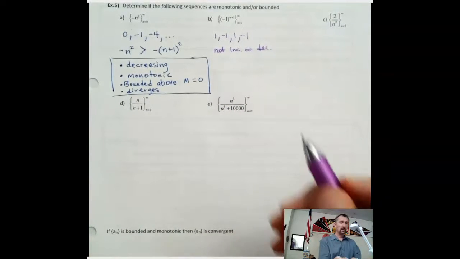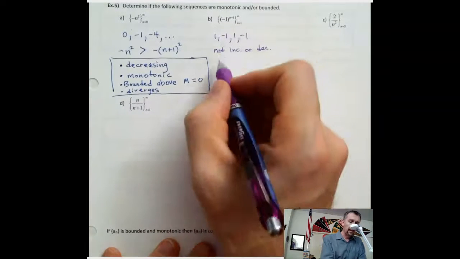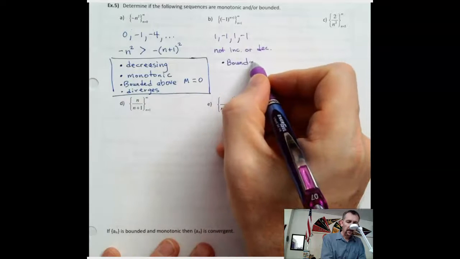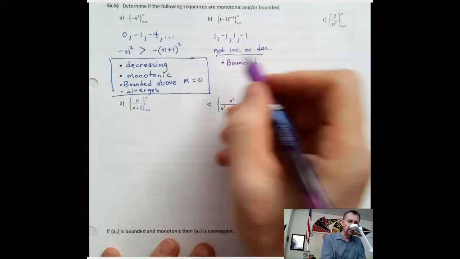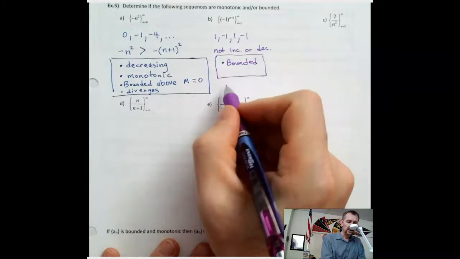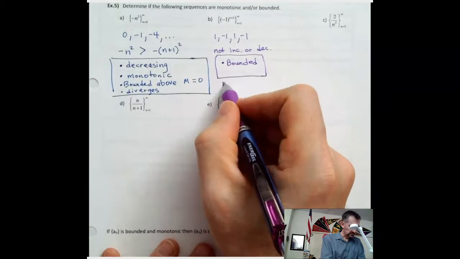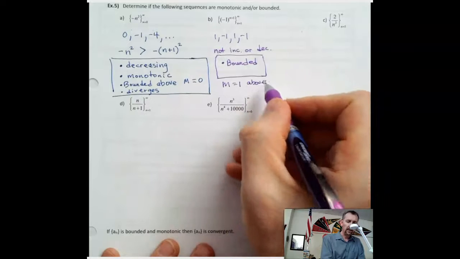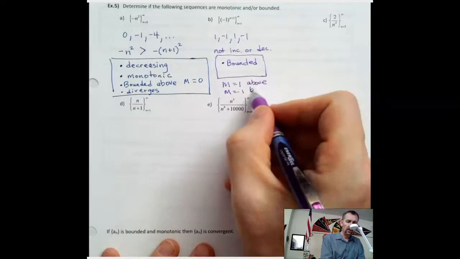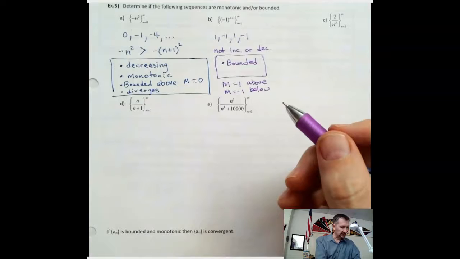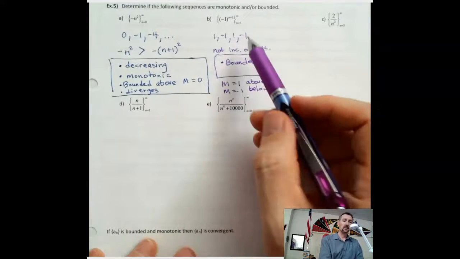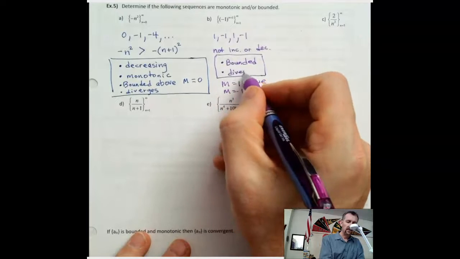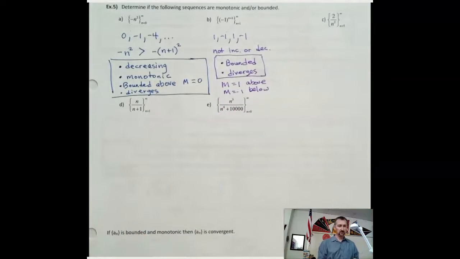It is bounded, because m equals 1 above and m equals -1 below. It's not approaching a specific number, so it diverges, kind of bouncing between those.